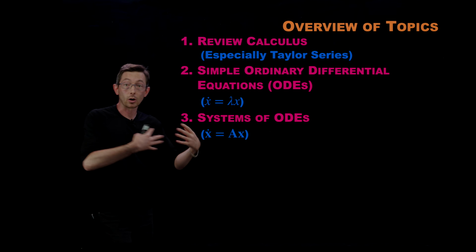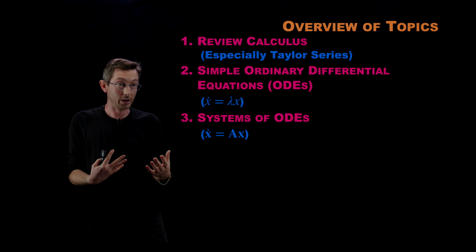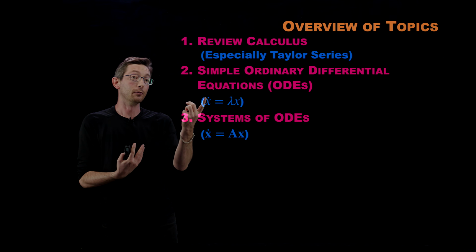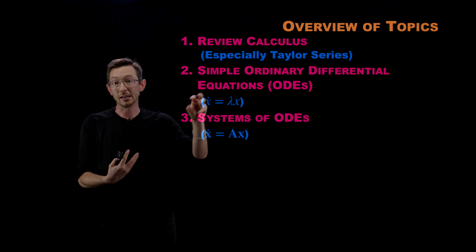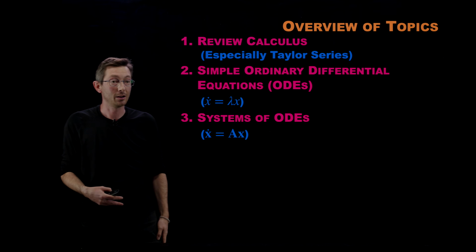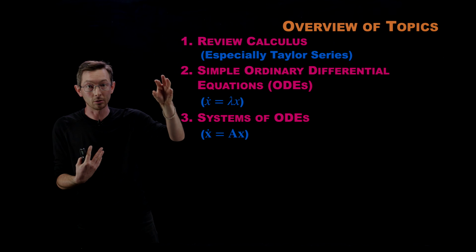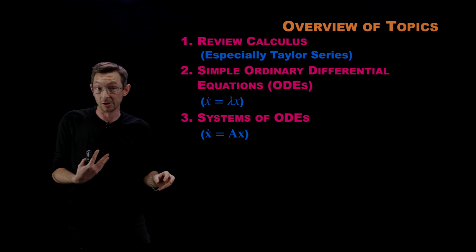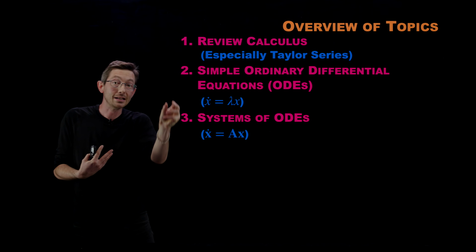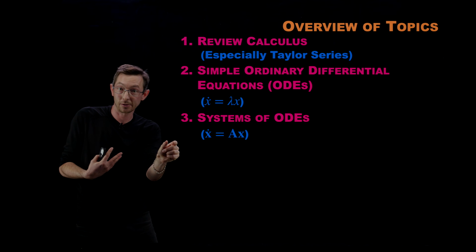And then we're going to get to more complicated examples of systems of ordinary differential equations. So now instead of keeping track of one variable like the population of bunnies, maybe I'm going to keep track of lots of variables I care about. Maybe I am keeping track of the population of bunnies and wolves and a few other species. So I have a multi-dimensional state x that has a few components, x1, x2, x3.